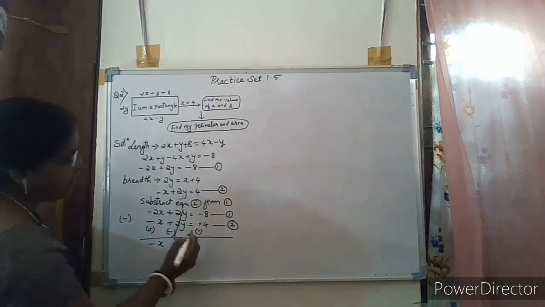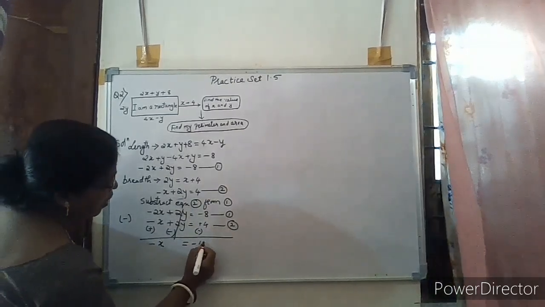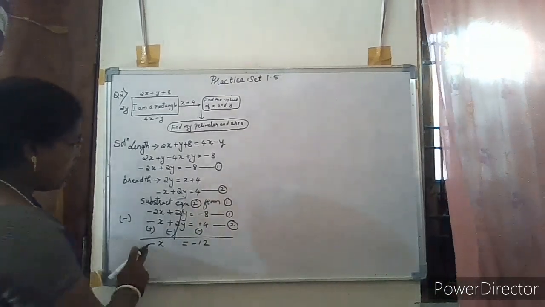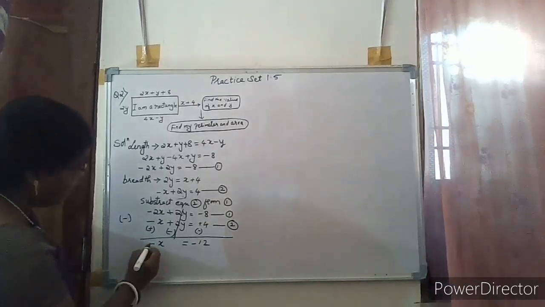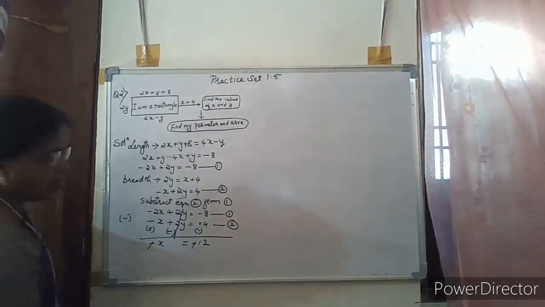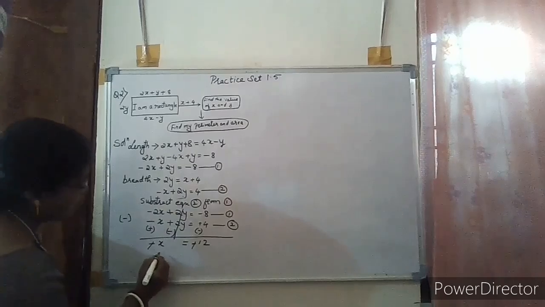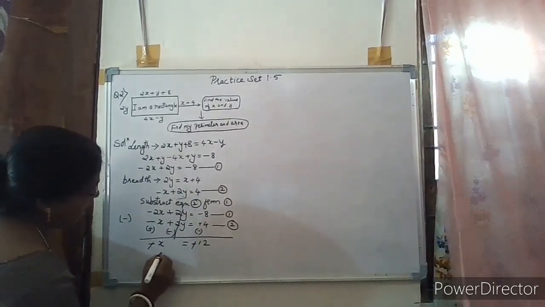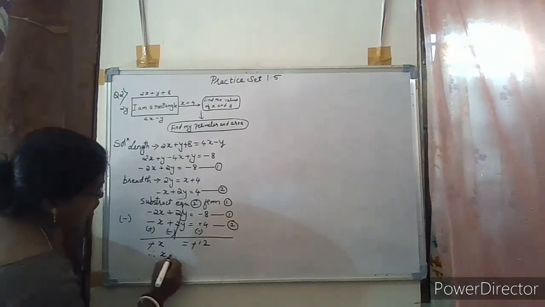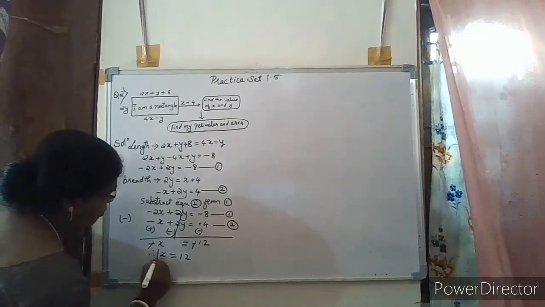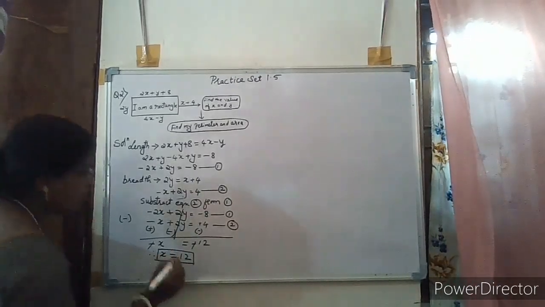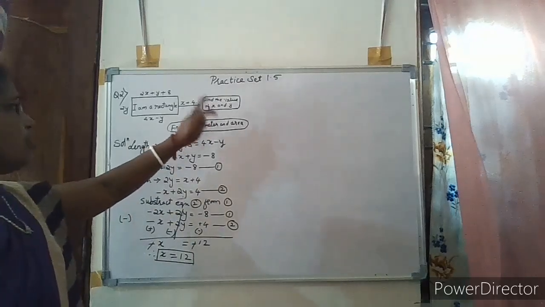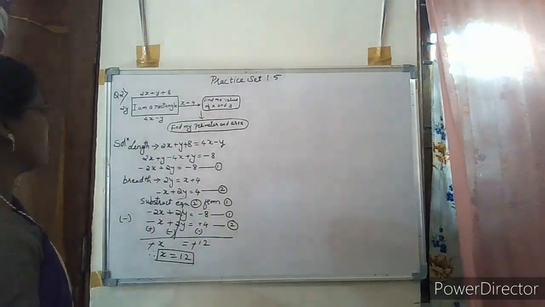Both have the same sign, so add and put the same sign: minus 12. Now minus on both sides, I can cancel it. It gets converted to positive on both sides. So x is equal to 12. We got the value of x as 12.